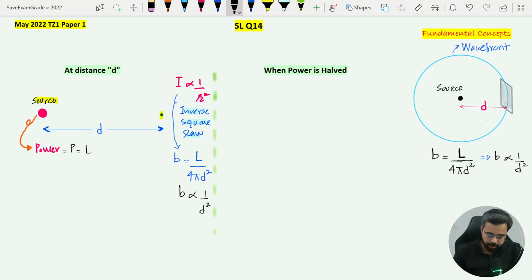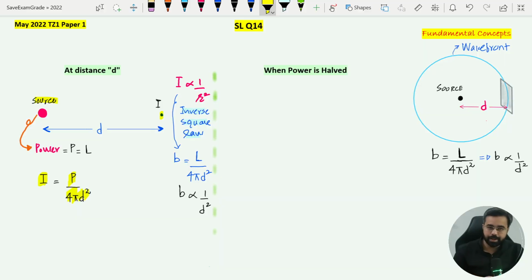So if we have measured the intensity I, we can write I is equal to power P divided by 4 pi d square. This is the amount of intensity that was measured at the distance d.